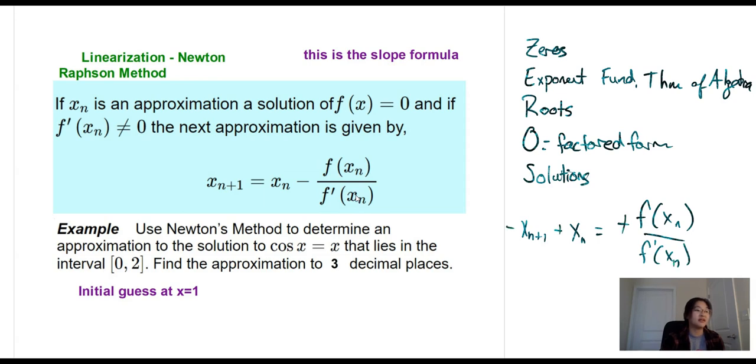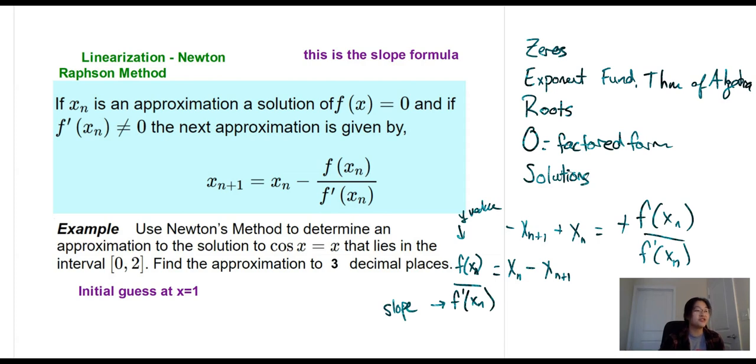So let's rearrange. I have x sub n minus x sub n plus 1, because of the commutative property of addition, and this is addition now, so that's nice. This equals f of x sub n over f prime of x sub n. F of x sub n, this is a y value. And this is a slope, right?